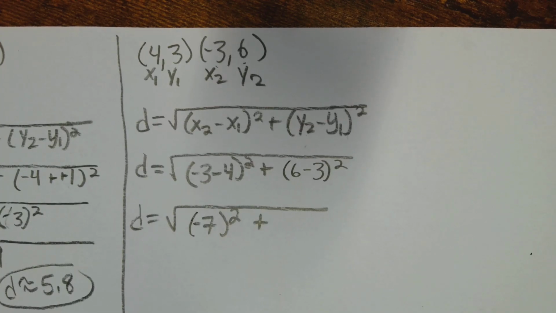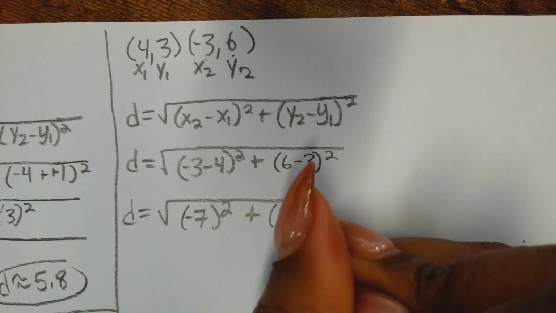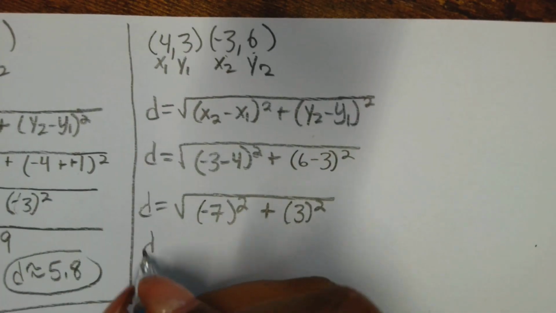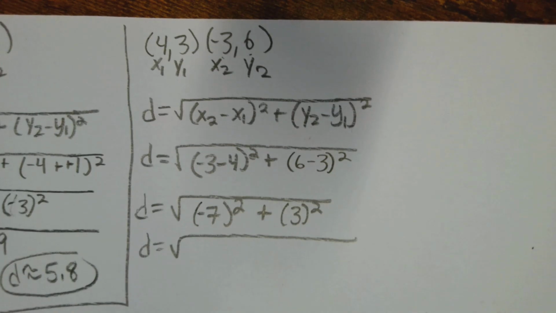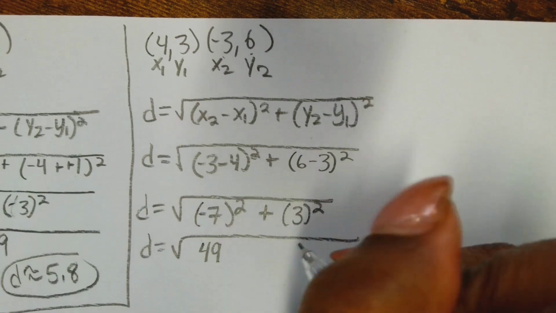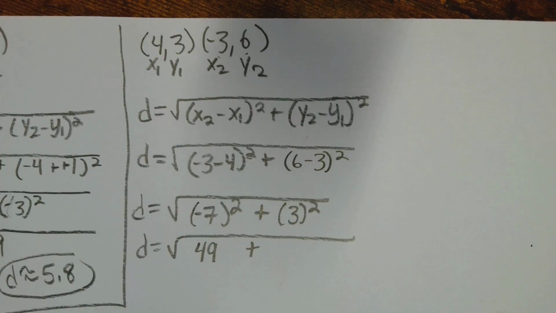What is 6 minus 3? 3. Square it. So now what's negative 7 squared? Negative 7 times negative 7. 49. Guys, it happens. It's not a big deal. What's 3 times 3? 9.